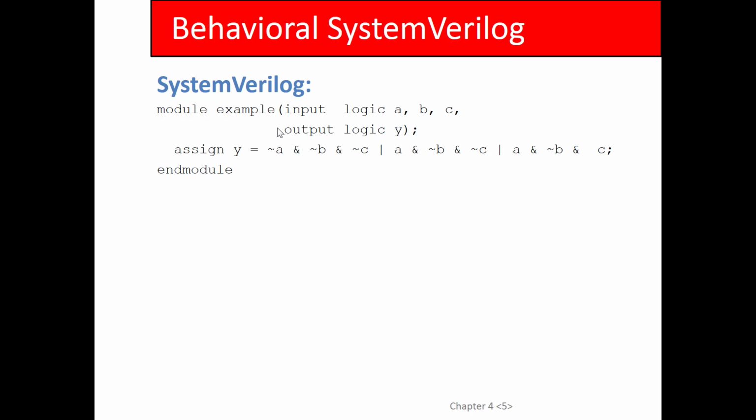This is the concept of concurrent semantics: you could have 10 of these assigns in here, but there's no ordering to them. The assign will trigger whenever any of its inputs change. Are you with me? Okay.